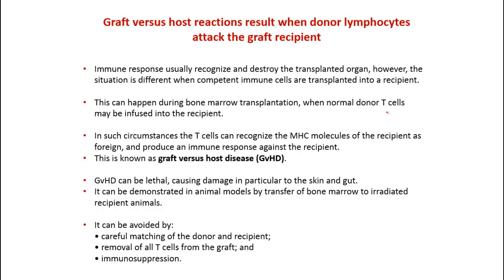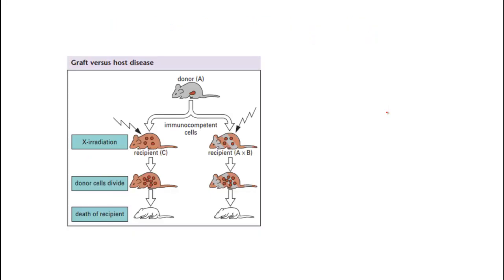Okay, so what's the hypothesis or mechanism behind graft versus host disease? Here we will take 3 strains of mouse: strain A, strain B, and strain C, and we'll X-ray irradiate strain C to make it immunosuppressed.